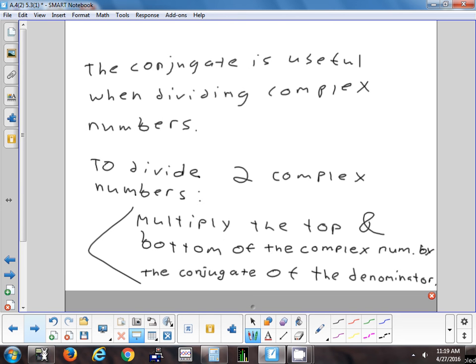So to divide two complex numbers, you multiply the top and the bottom by the conjugate of what's in the bottom. Basically, the rule is we don't want to leave imaginary numbers in the denominator. So we just learned a trick to cancel out all your imaginaries. Multiply by the conjugate.